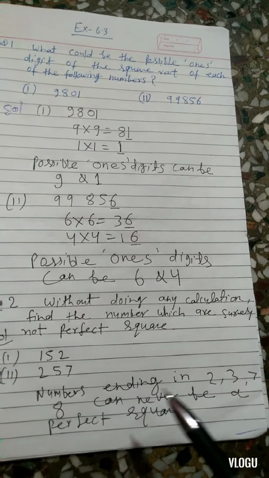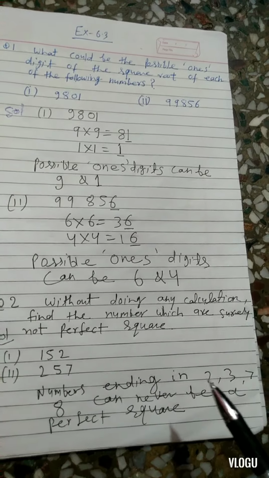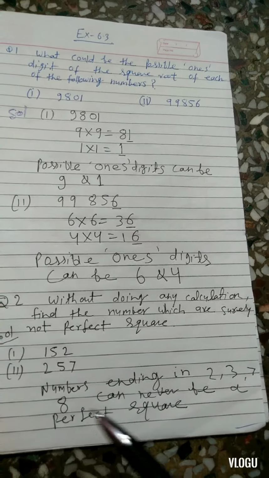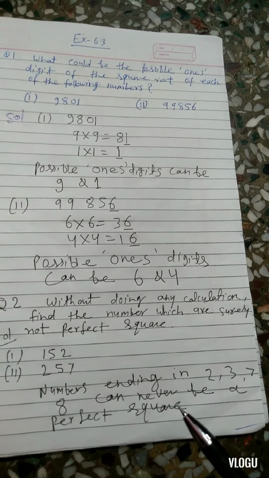Okay students, numbers whose ones digit is 2 or 3 or 7 or 8 can never be a perfect square.